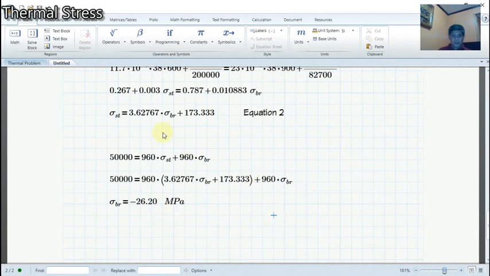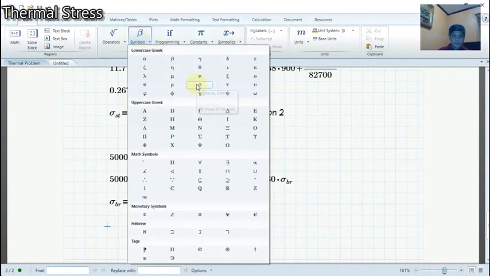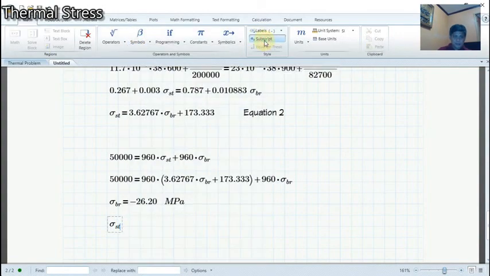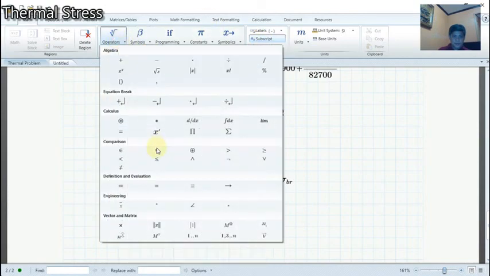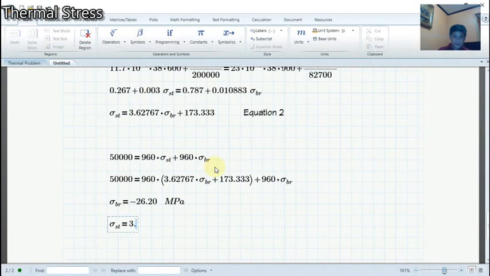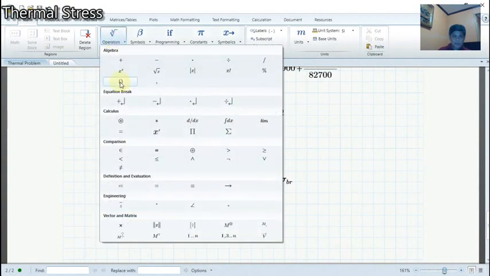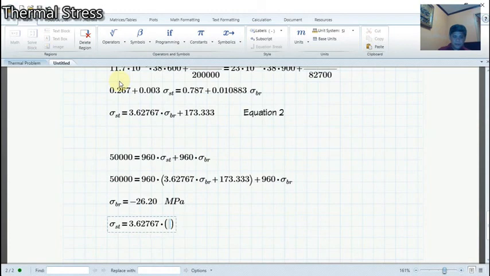And using equation 2 to solve for the steel, we have 3.62767 multiplied by negative 26.20 megapascal plus 173.333.